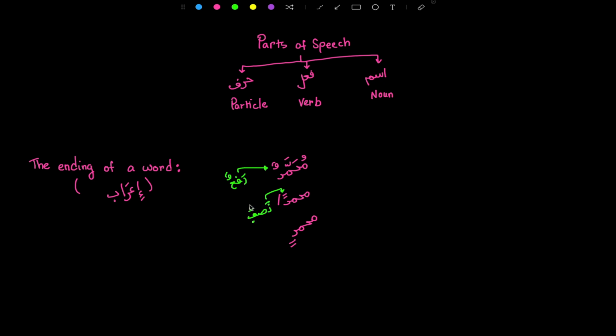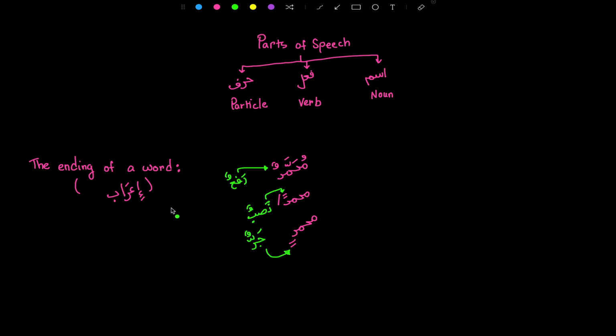And when we see that the word has a jar, a kasra, two kasras, we say that the i'rab of this word is jarrun. So raf'un, nasbun, and jarrun.